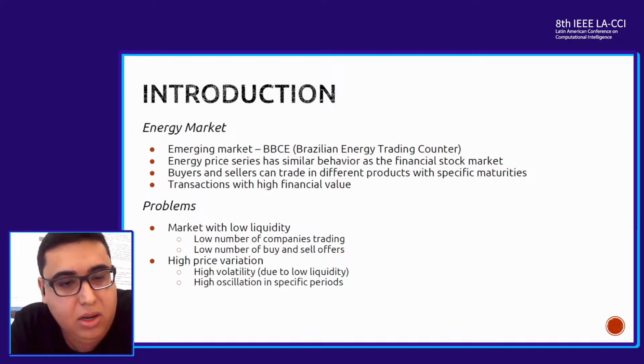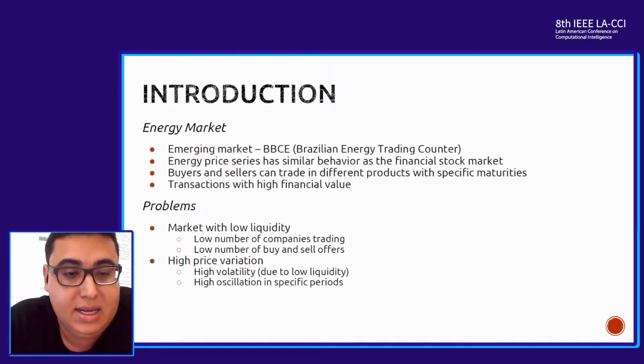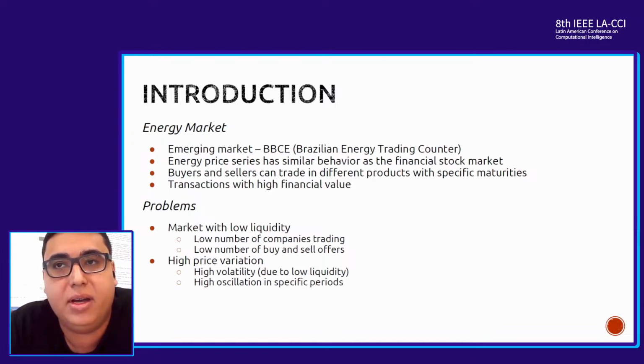So we have a low number of buy and sell offers during a trade session. This increases the volatility of the market. Even as an emerging market, the volatility is very high, and the oscillation is also very high during specific periods, like when we have more rain or not, and so on.